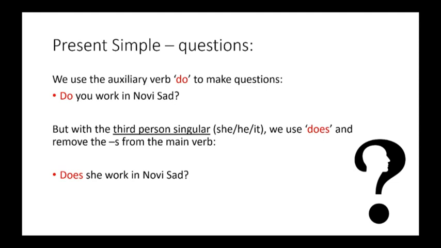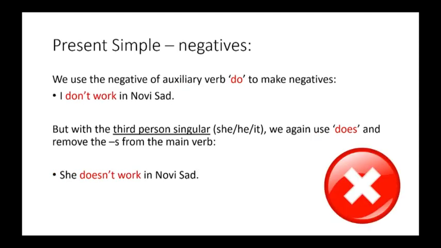Okay. And we also have negative sentences. We use the negative of auxiliary verb do to make the negatives. For example, I don't work in Novi Sad. The negative of auxiliary verb do is don't.